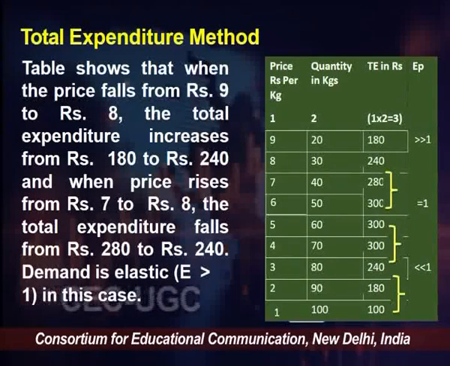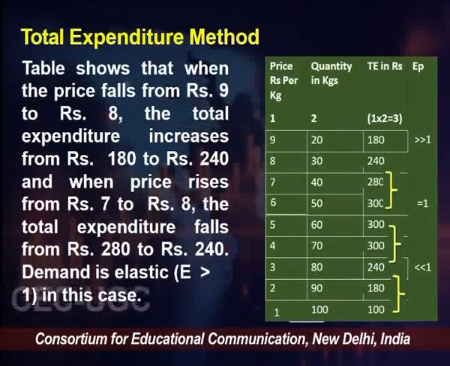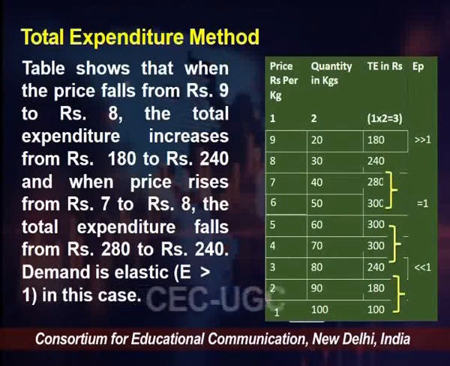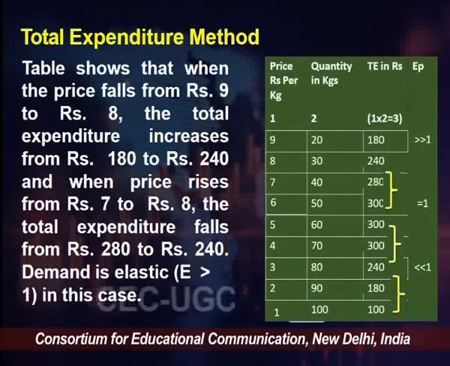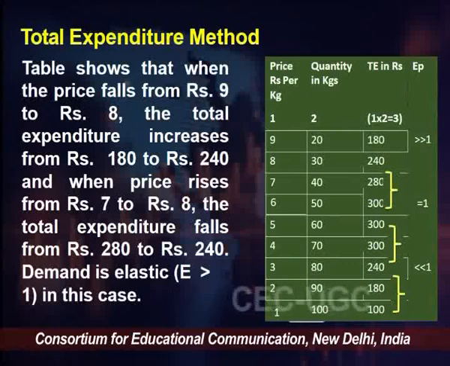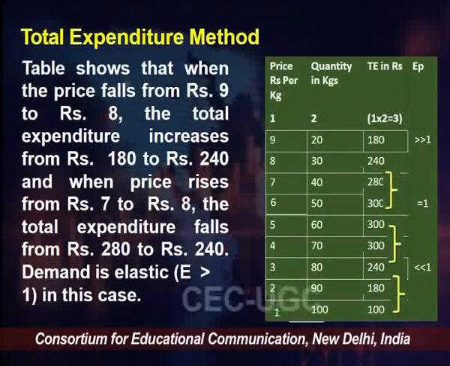So, you can say that in this case elasticity is greater than 1. Why greater than 1? Because when price falls, the total expenditure increases here. Price decreases from 9 rupees to 8 rupees and quantity demanded is also increasing and total expenditure is increasing, because earlier we were spending 180 rupees and now we are spending 240 rupees. So, in this case, the total expenditure method shows that elasticity will be greater than 1.